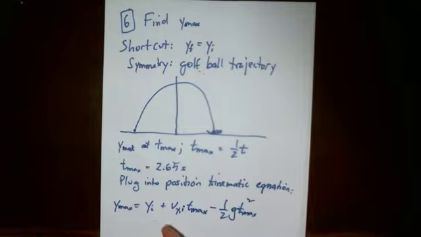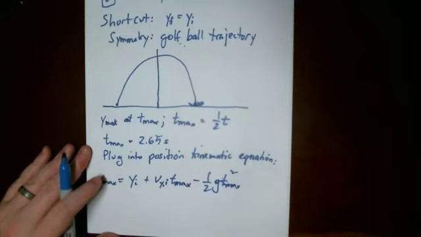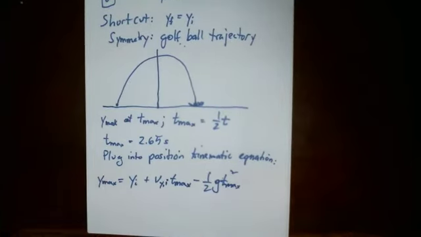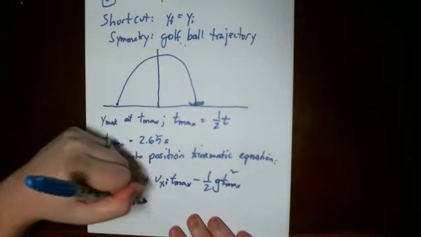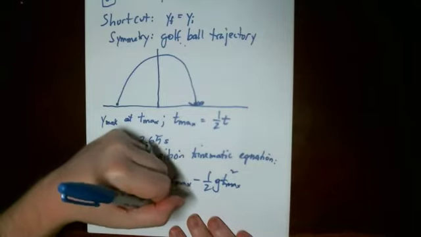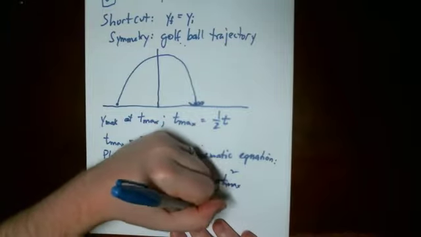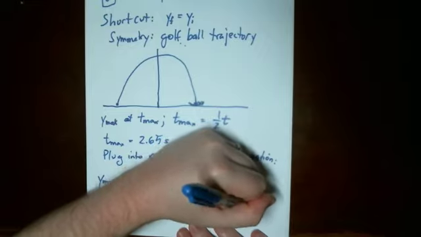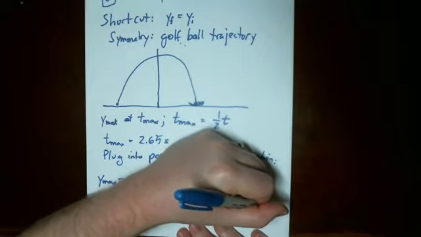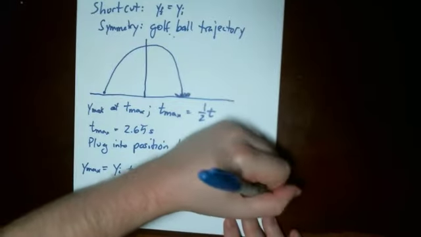We know Yi is 0. We know what we calculated Vyi to be, 26 meters per second. We know that g is 9.81. So just substituting in those numbers real quick: 0 meters plus 26.0 meters per second times our Tmax, which is 2.65 seconds, minus 1/2 times 9.81 meters per second squared times 2.65 seconds squared.